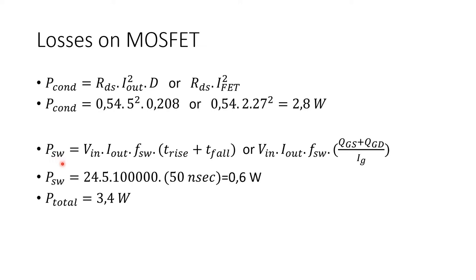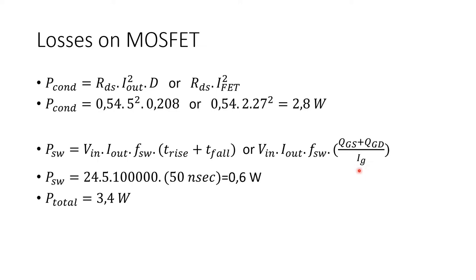After calculating the conduction losses, we should calculate the switching loss. Switching loss can be calculated using these formulas. The maximum input voltage, which is the input voltage in our case, a DC voltage, and the output current are multiplied with the switching frequency and the rise and fall time of the MOSFET, which is specified on the datasheet of the MOSFET. Or you can multiply these same parameters with the gate-source and gate-drain charge divided by the gate current.